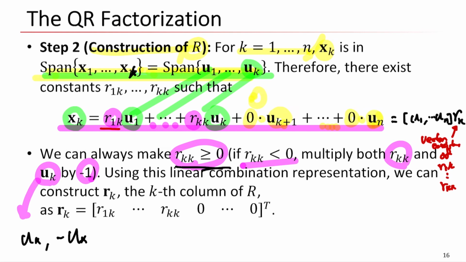And using this linear combination representation, we can construct rk, which is the kth column of the R, something like this, right?